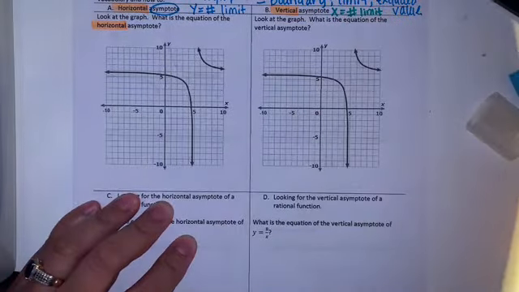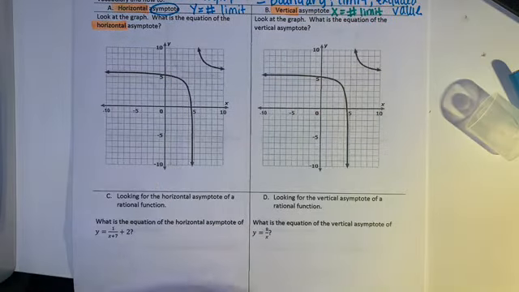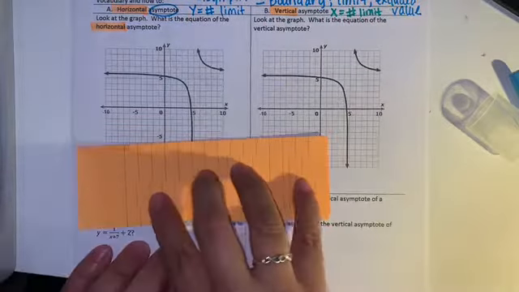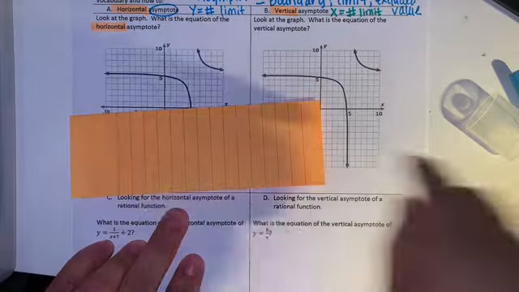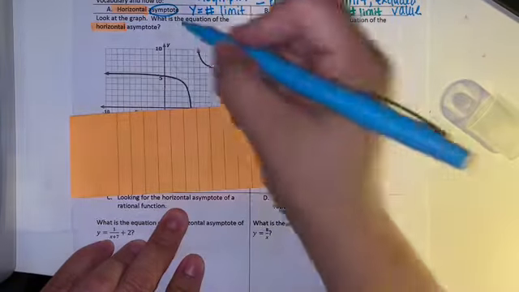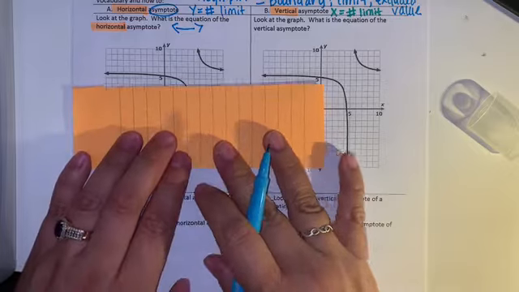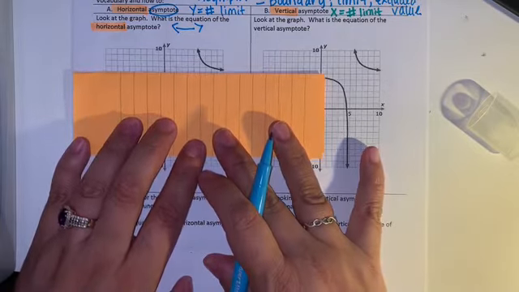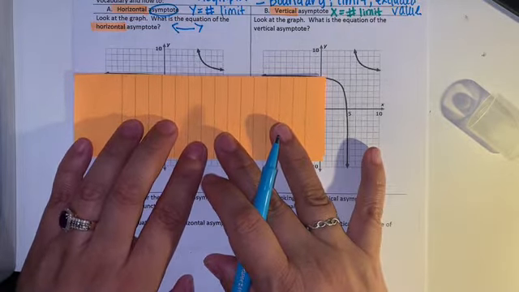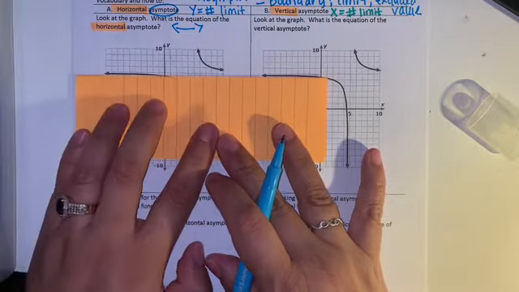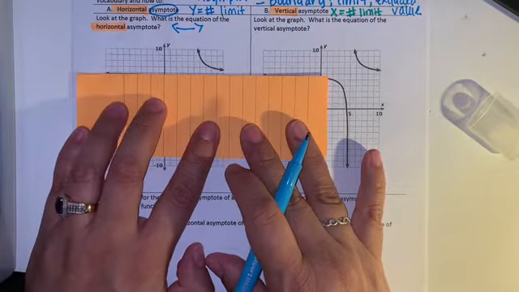What you're going to do is take a straight edge, a pencil, a pen, a piece of paper, it doesn't really matter. You look horizontally, from left to right, and find where your function does not touch. It's where it tapers off. It gets really close, but it doesn't touch it.